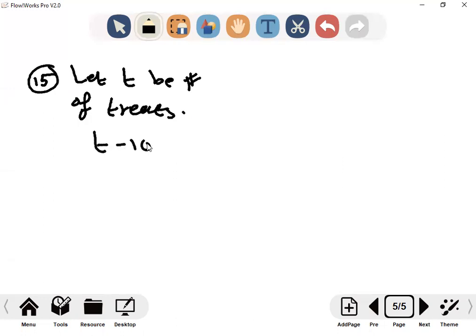The rest. The total is T. He took 10 from it, so T minus 10. T minus 10 is the rest of the treats after he took 10 from it. Sure. What did he do with the rest? He distributes the rest equally among the dogs. Distribute means what?